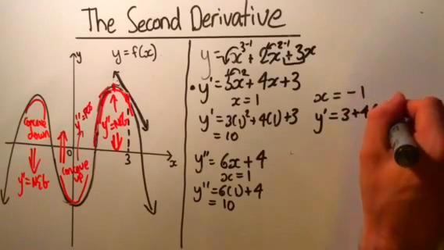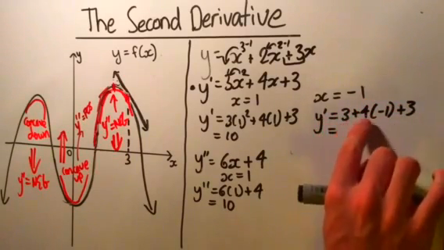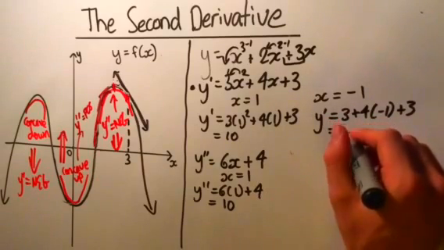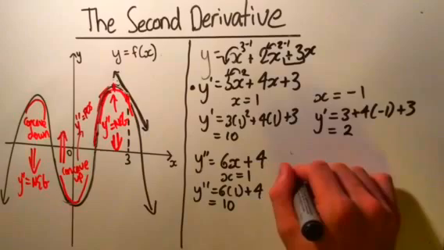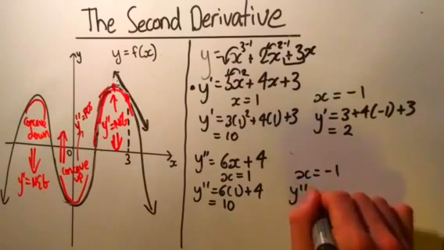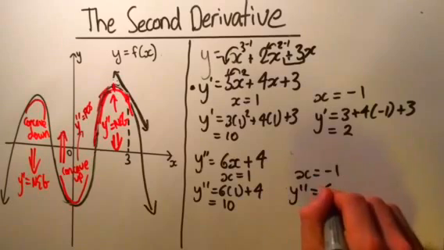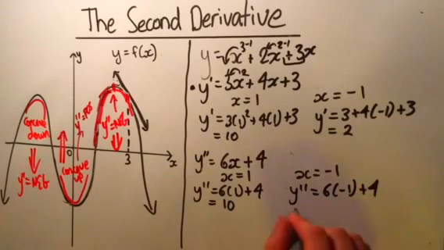I'm doing 4 times minus 1 plus 3, which is going to equal 3 minus 4, which is minus 1, plus 3, which is 2. Down here, if I substitute x equals minus 1, I'm going to get y dash dash equals 6 times minus 1 plus 4, which equals minus 6 plus 4, which is minus 2.